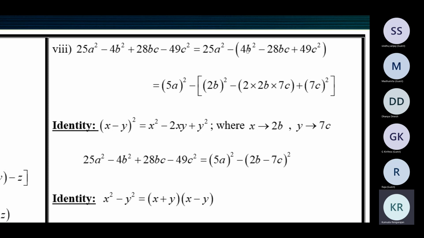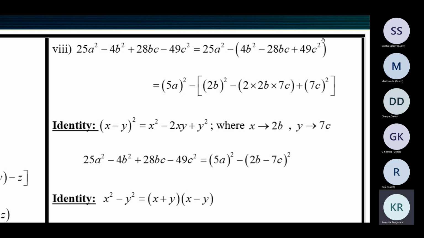When you multiply, minus into plus is minus, minus into minus is plus. So you write the first term as it is, with whatever sign is outside: if it's plus, the same plus; if minus, then minus.